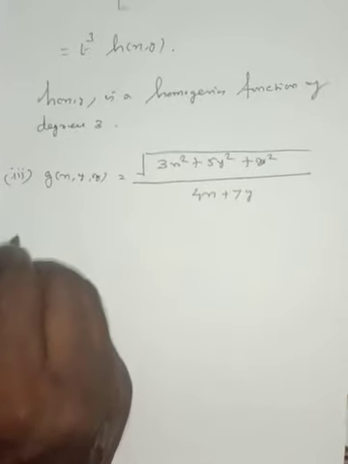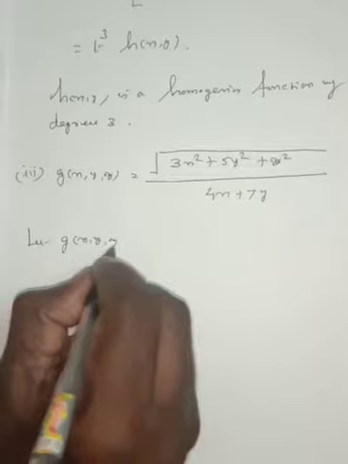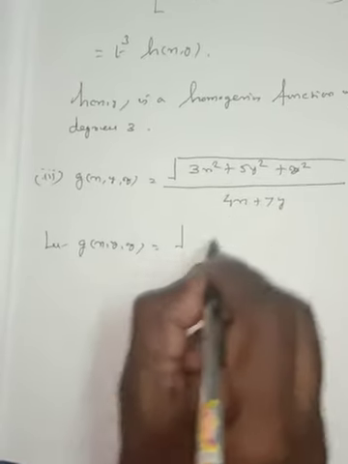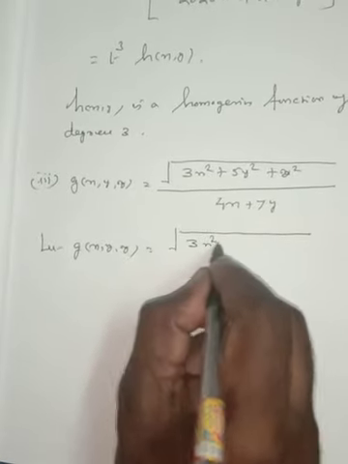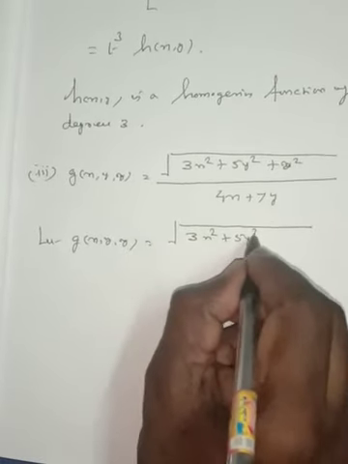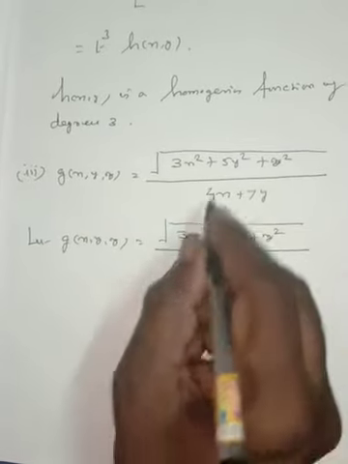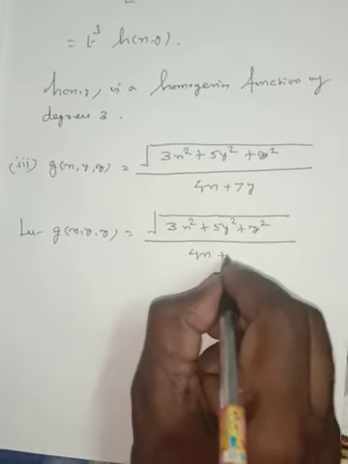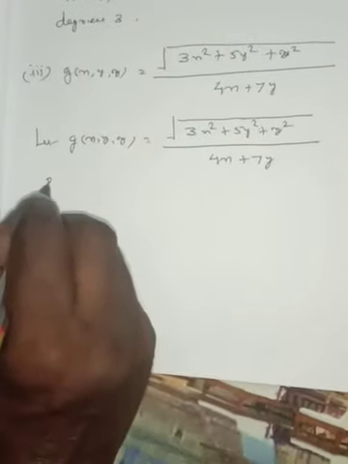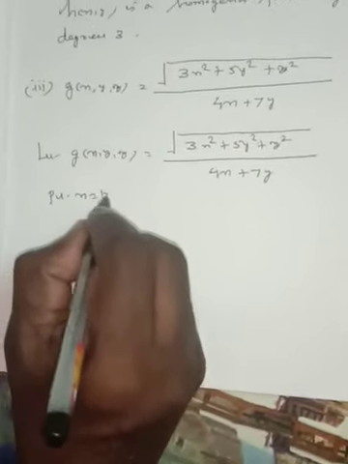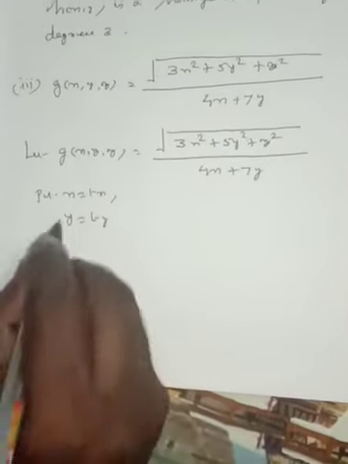Now let G of x, y, z is equal to square root of 3x square plus 5y square plus z square divided by 4x plus 7y. Put x is equal to tx, y is equal to ty, z is equal to tz in the above.